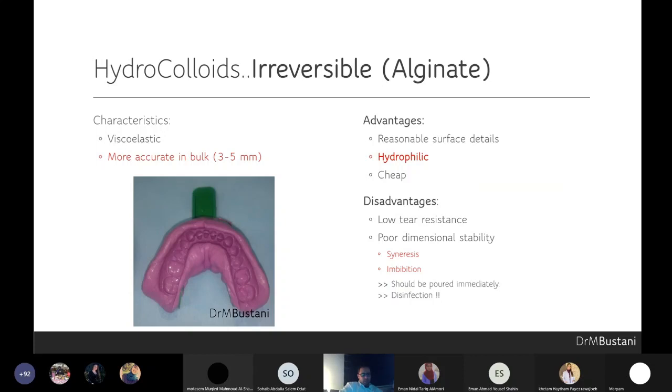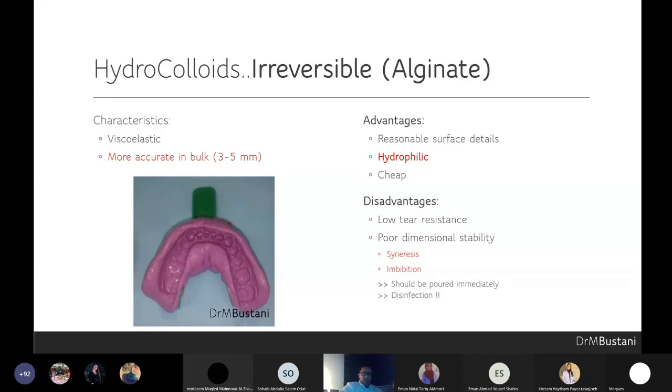Alginate and even agar-agar are more accurate in bulk because they have a very low tear strength. So if you give yourself more room of the material, it will be a little bit better than a very thin smear or wash of material. Usually we need to have 3 to 5 millimeter space around our teeth to record a proper impression using alginate.